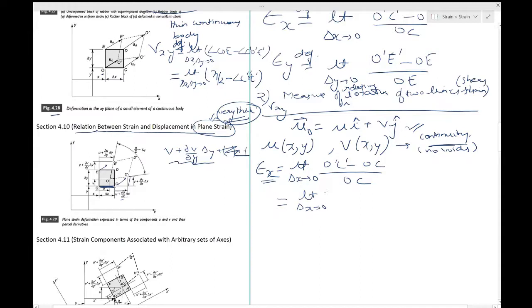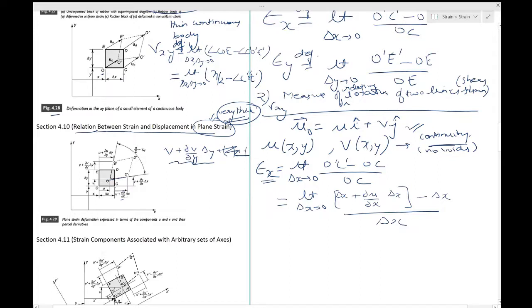What is O dash C dash? O dash C dash is this length, which is delta x plus dou u by dou x into delta x, minus delta x, divided by delta x.